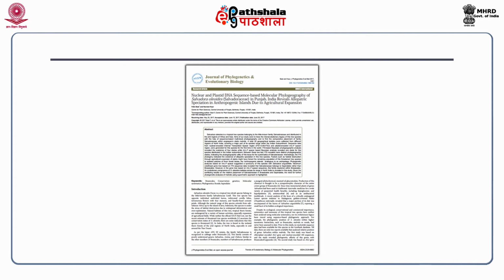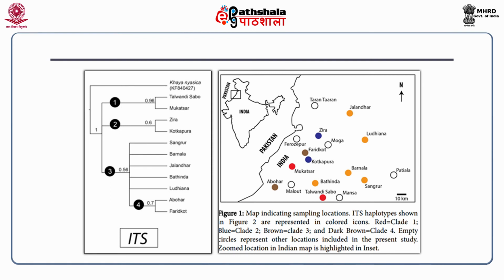As you can see in this tree, there are 3 distinct clades, and each clade has its own interesting characteristics. We could substantiate these findings using molecular phylogeny as well as morphology. This confirms our claim that these populations are actually evolving.